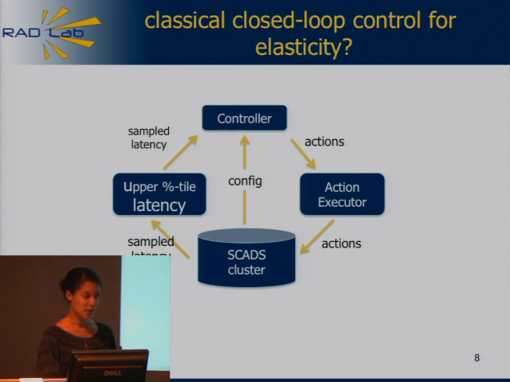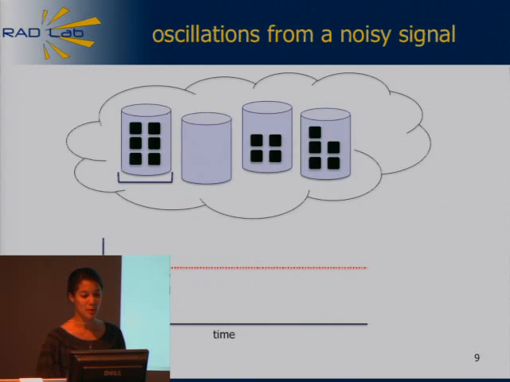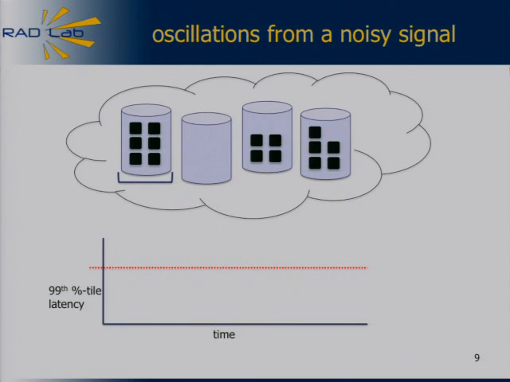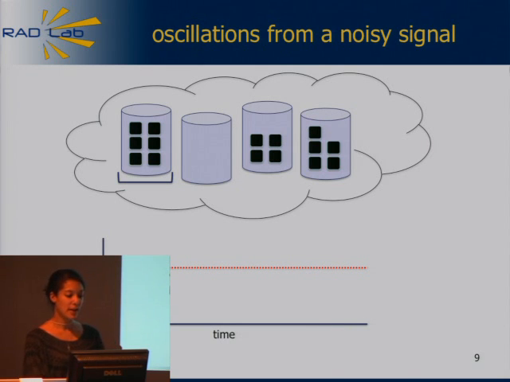However, there'll be some problems with trying this approach. So if we look at an example, we have these storage nodes in the cloud, and we're looking at the server on the left. And we'll be looking at observations of its latency over time. Here our threshold is the red line, and we're looking at the 99th percentile latency. We get our first observation, everything looks great.